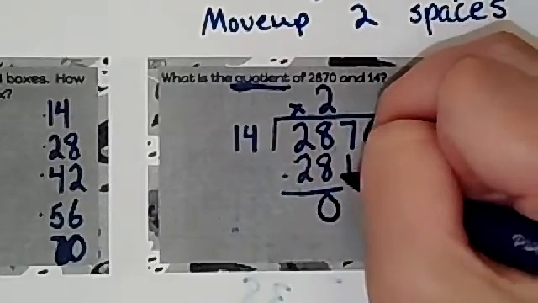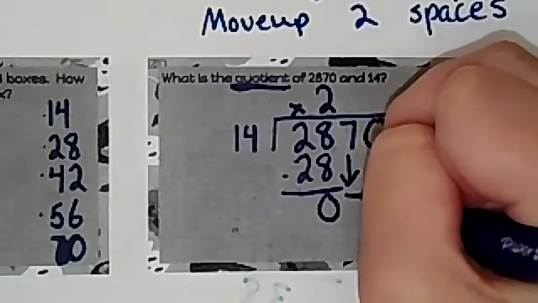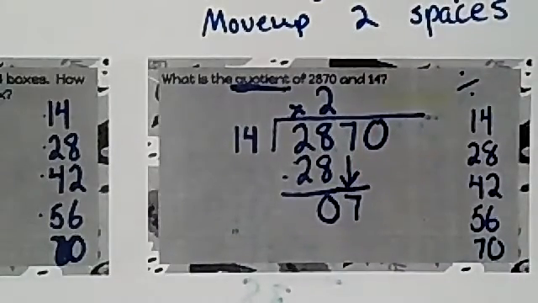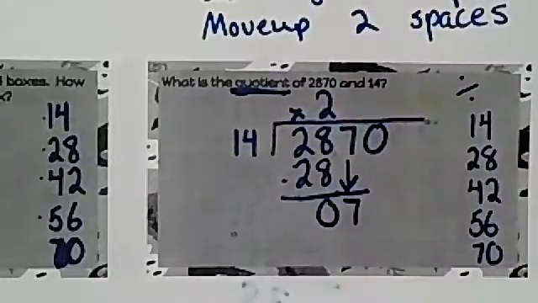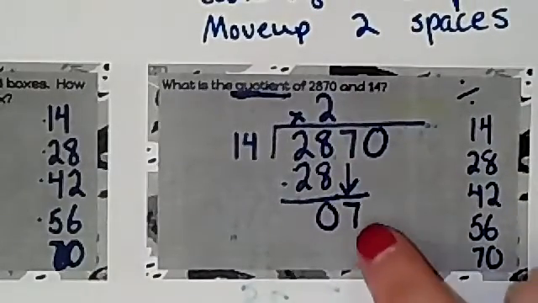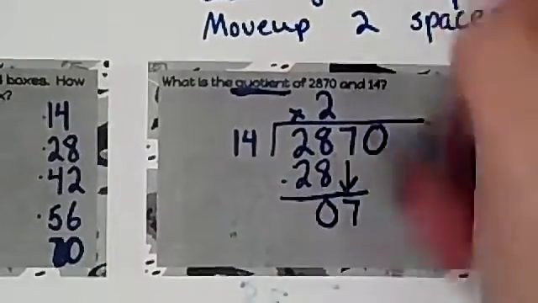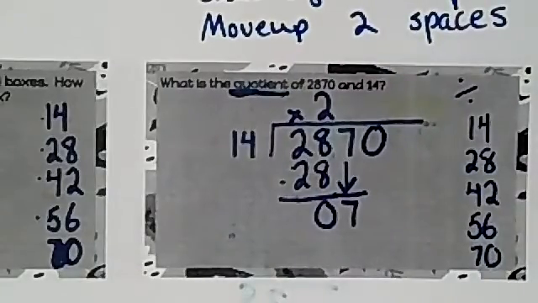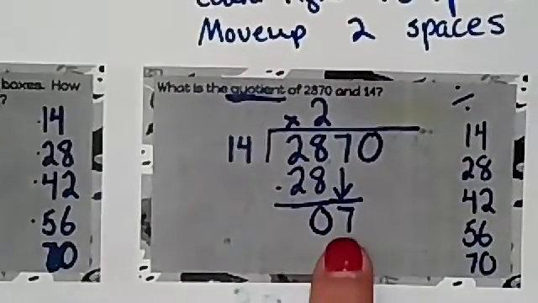Bring down the 7. Jaden, did I bring something down from the playroom? I got to play with it. I brought it down. Now I got to play with it. A bunch of y'all go, oh, you can't divide 14 into 7, so I'm going to just bring down a 0. Nope, you got to play with it. Jamie, how many 14s are in 7?